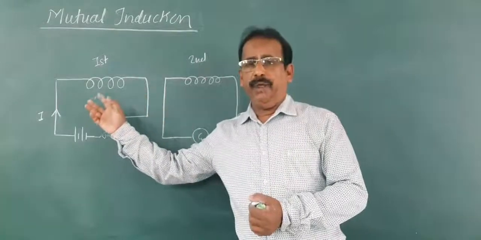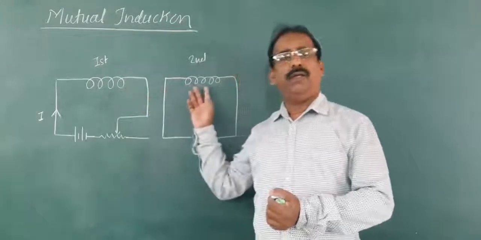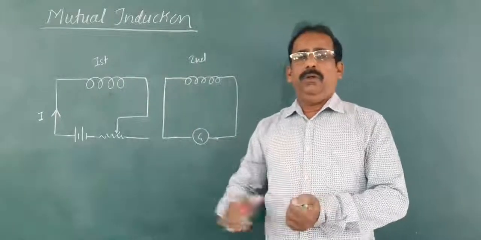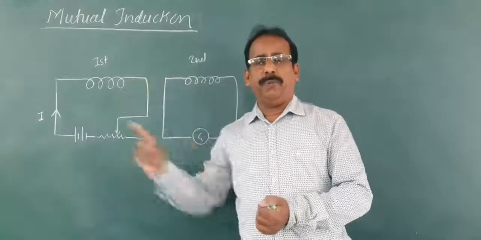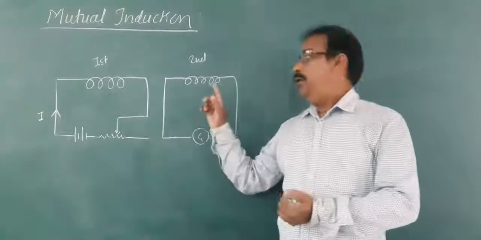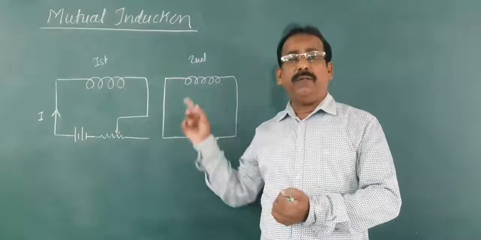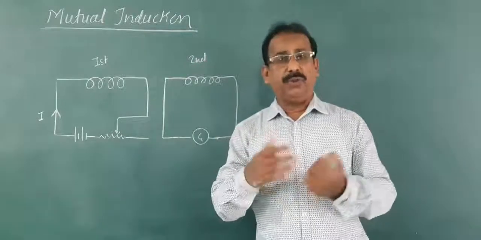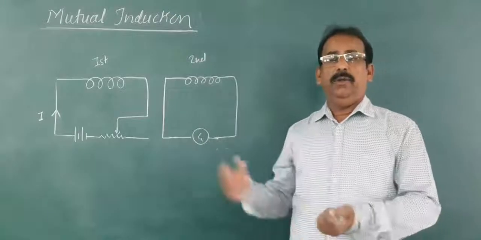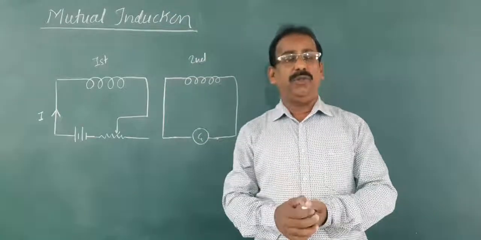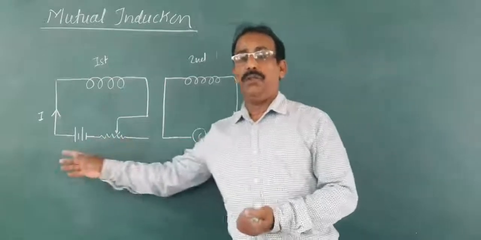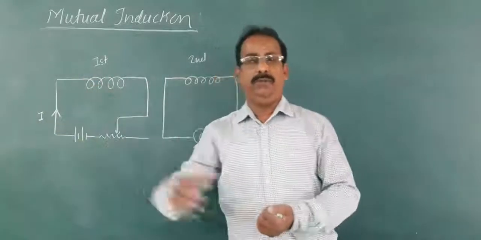In the magnetic field produced by this first coil, this second coil is also present. Therefore, if the field produced by the first coil is changing, we observe that the magnetic flux passing through the second coil also changes. Why? Because we are changing the current passing through this first coil.